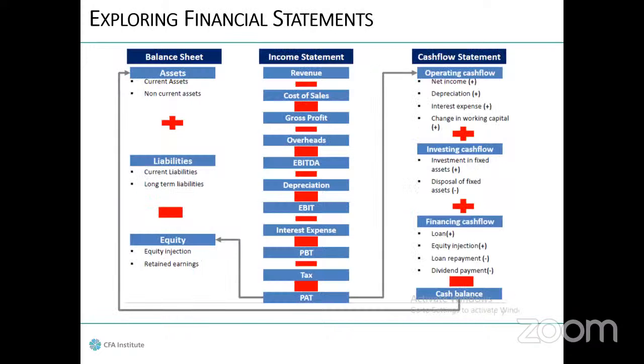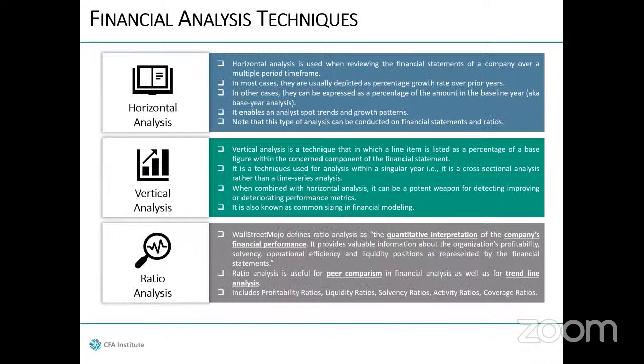And then we had a look through the different components of the financial statement, focusing on the income statement or statement of profit and loss, the balance sheet, which is also known as statement of financial position, and also the cash flow statement. We looked at all the different components that make up those financial statements.